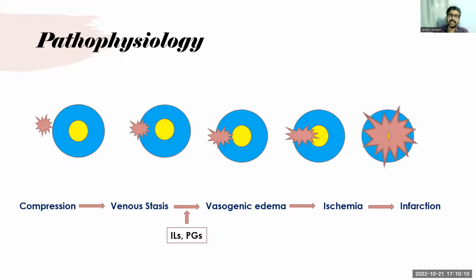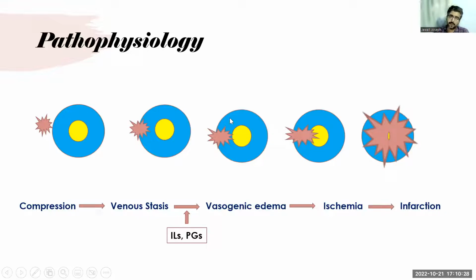You can see in this diagram there is a staging system for spinal cord compression, where initially the tumor is outside the thecal sac, then it indents the thecal sac, then it enters the thecal sac, goes around the intrathecal space and finally causes spinal cord compression.